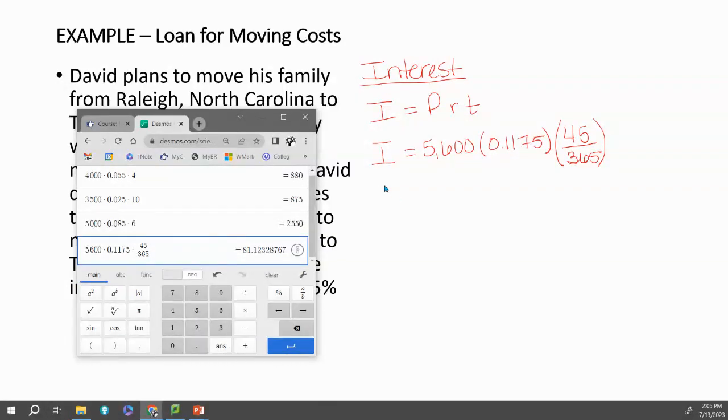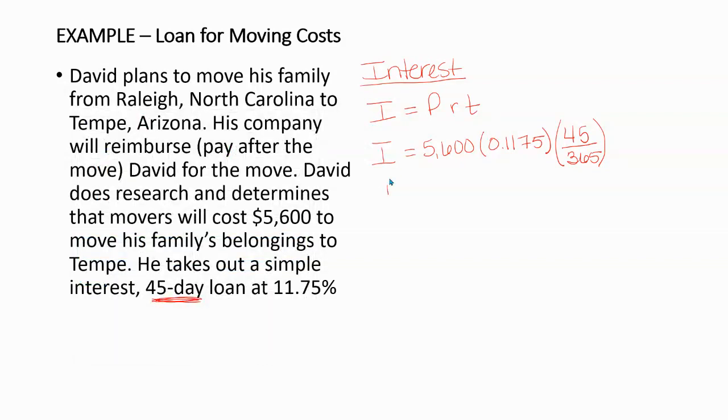This tells us $81.12, it looks like. So I equals $81.12 to borrow $5,600 for 45 days.